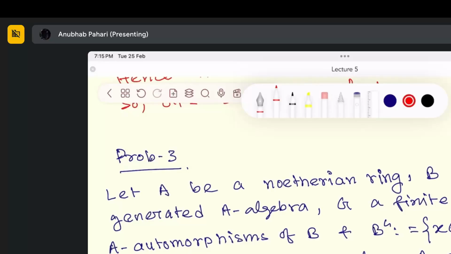If you multiply f with xy, then it should be f(x) f(y), and f(x) should be x, so it should be xy, and for addition it is trivial. Since B^G is closed under multiplication and addition, it is a subring of B.